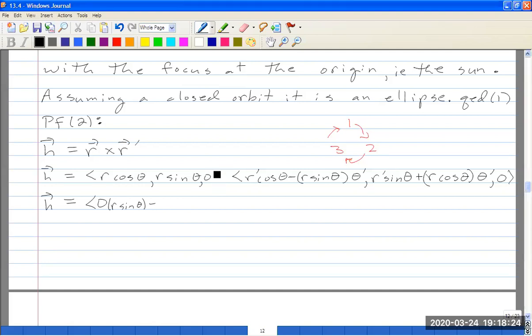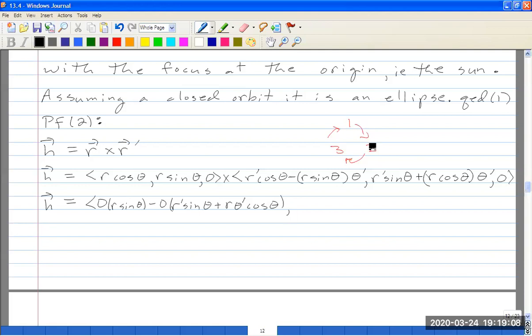Okay, 1 second. It's going to be 0 in that component. Okay, so, sorry. Okay, so 1 second. So, 2, 3, 3, 2. So 0 times R prime sine theta plus R theta prime cosine theta. Don't need extra parentheses, comma.